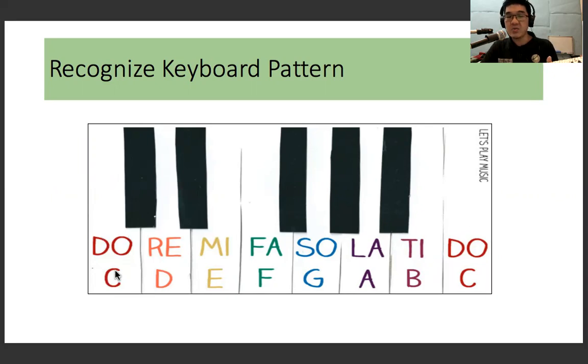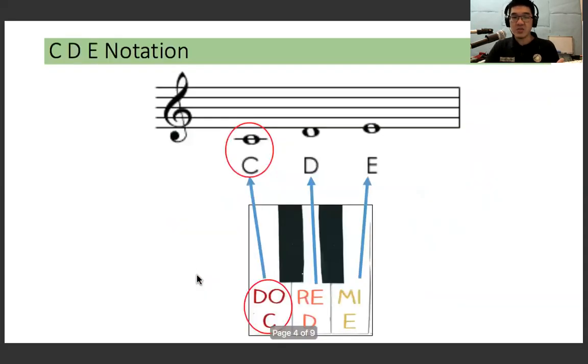The notes are C, D, and E. We are going to treat this C as our Do. So when you play the C, it's going to be your Do. And D, it's going to be your Re. And E, it's going to be your Mi. C, D, and E. This is our first three notes.